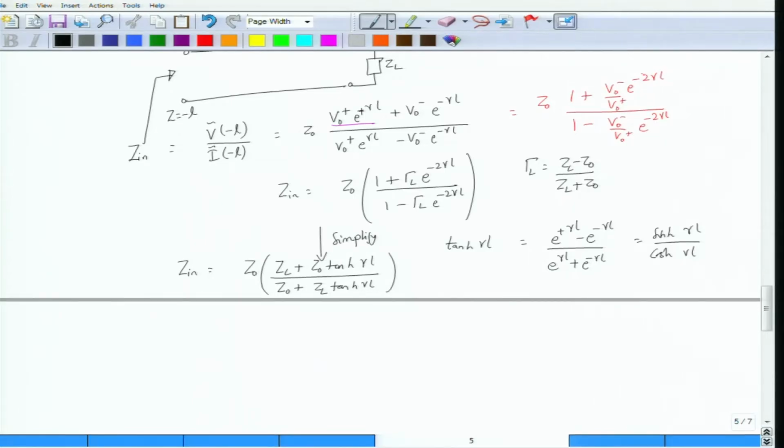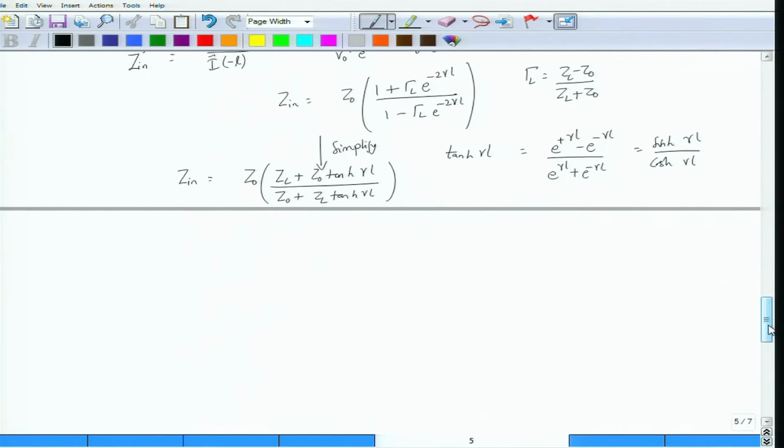In fact, this observation that the length of the transmission line and ZL can influence the input impedance of the transmission line is extensively used in analysis of RF and microwave circuits. It is used to transform the impedance ZL by choosing an appropriate value of L and an appropriate value of Z0 to whatever value of Zin that you want, so as to maximize the power transfer.